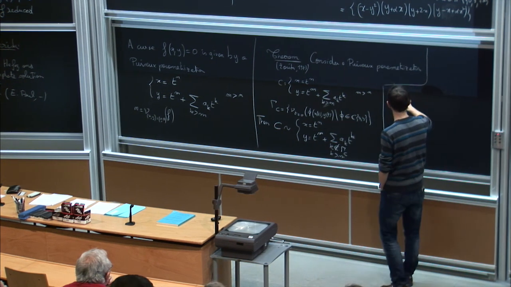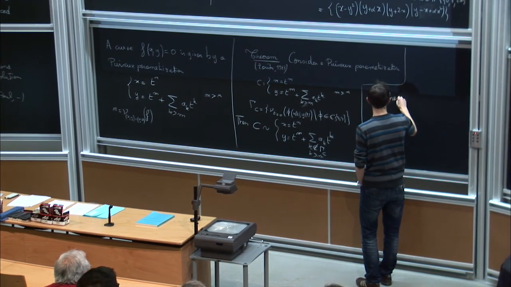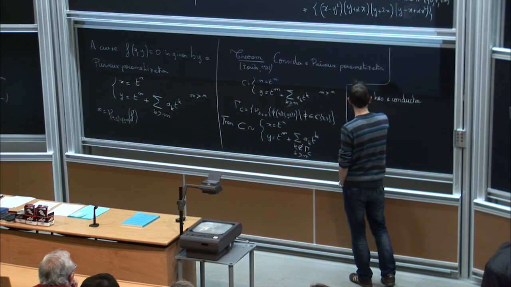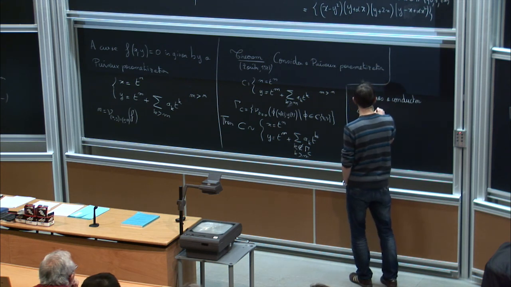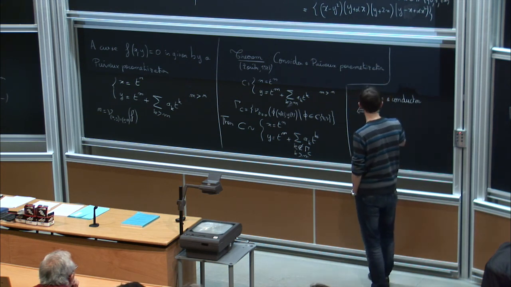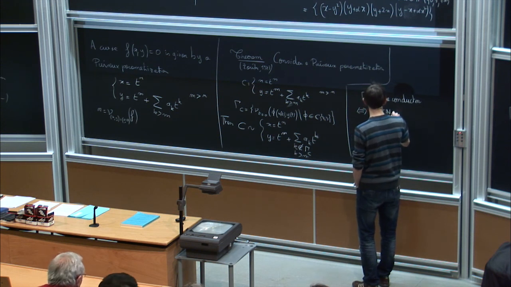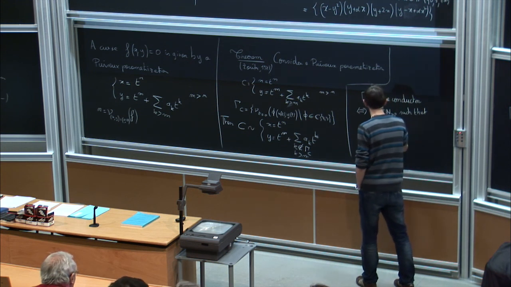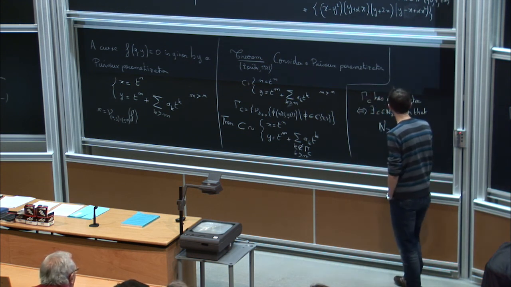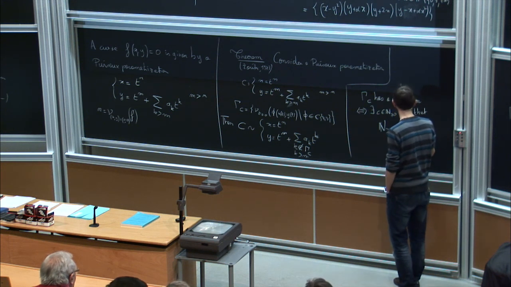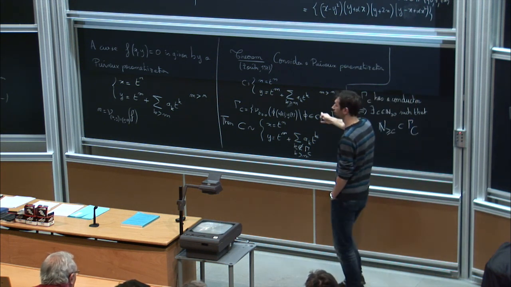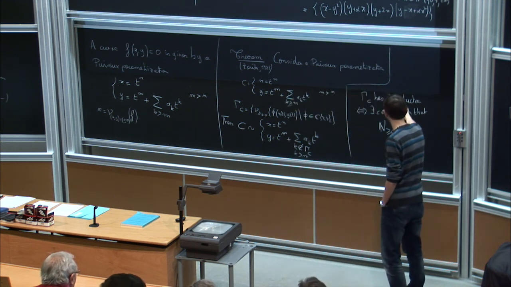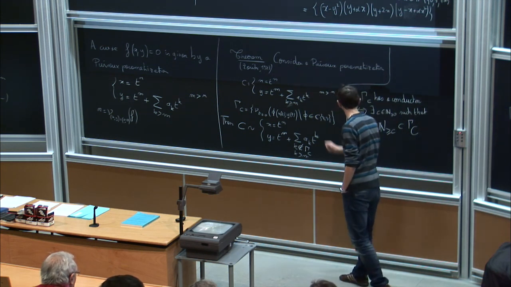For instance, he proved that gamma C has a conductor, which means that there exists a positive integer c such that the set of integers greater than or equal to c belongs to gamma C. In particular, that means that this series is actually a polynomial function, because after some power you can eliminate any coefficient.